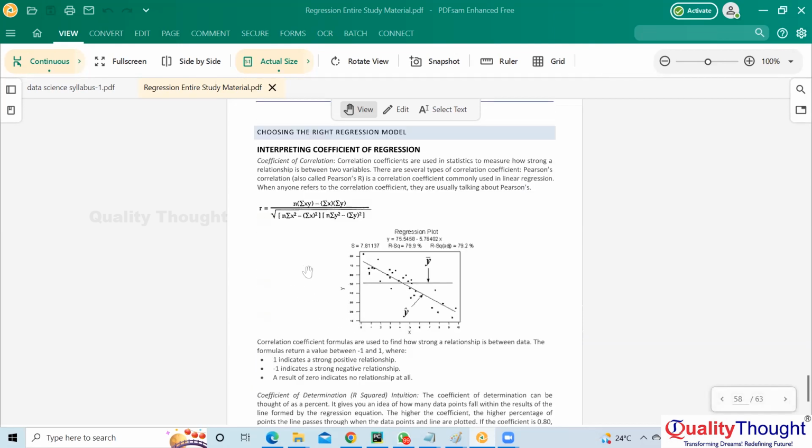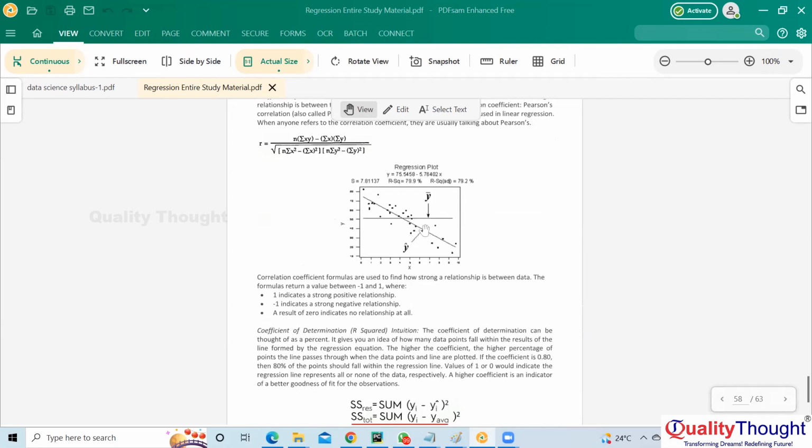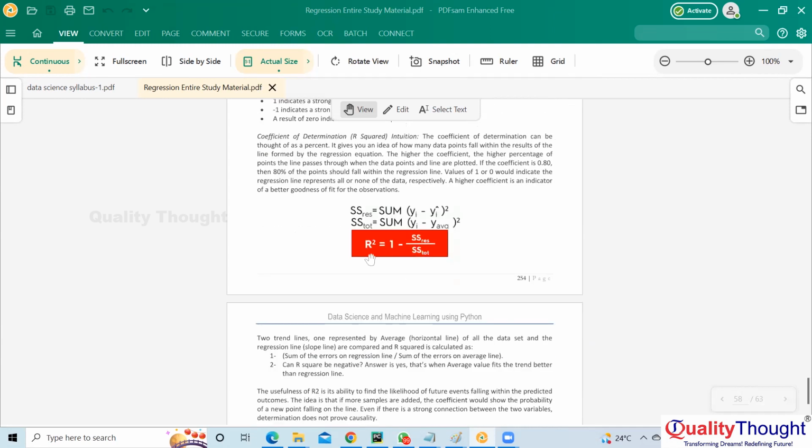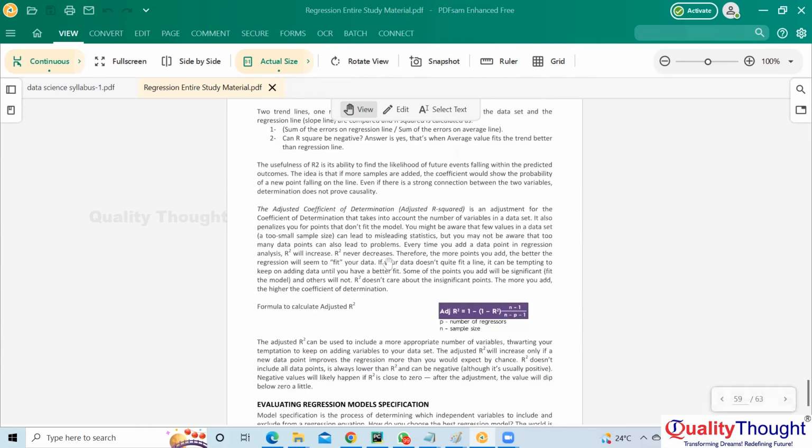Okay, so the coefficient of regression, we have already seen, compares how well your regression line has performed with respect to the average line. This is the formula: R square equals 1 minus the error on the regression line divided by the error on the average line.